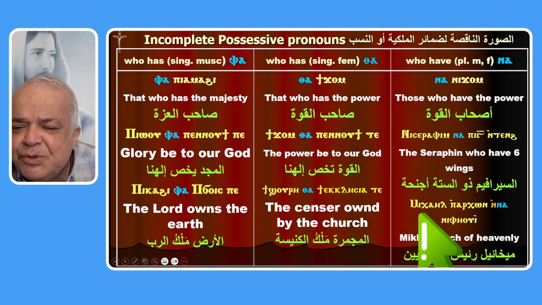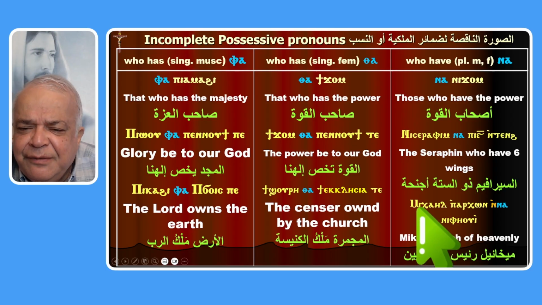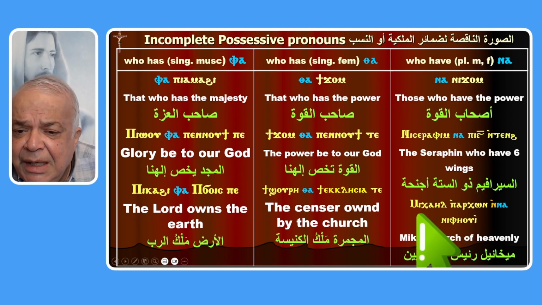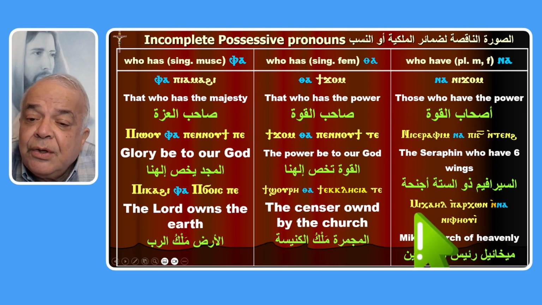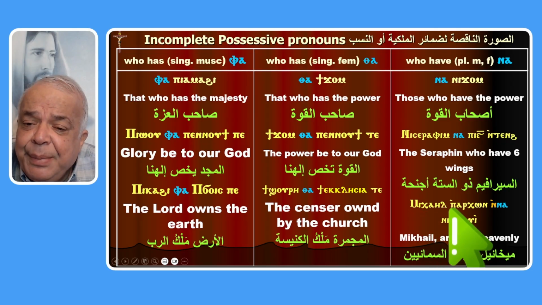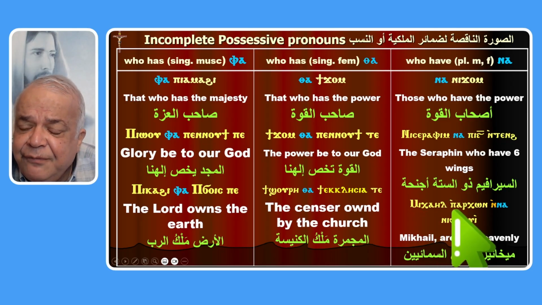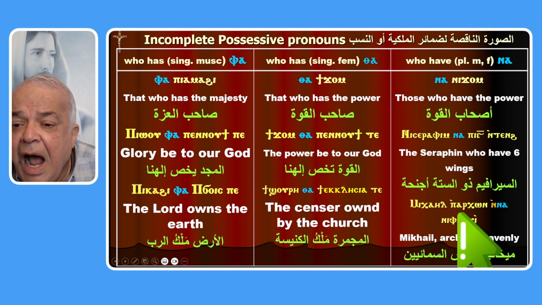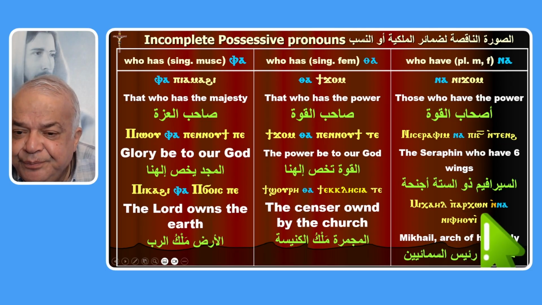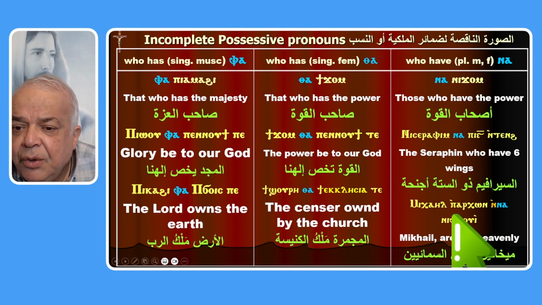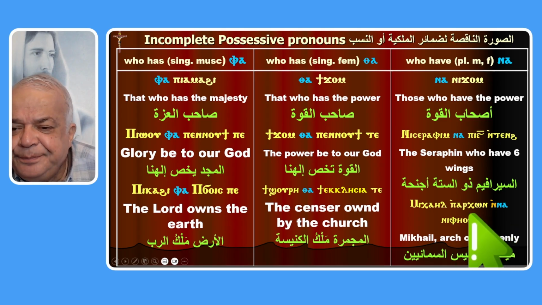So that's why Michael is pronounced in different ways. It can be Michel, it can be Michael, or Mishael. So Michael, ep there for masculine singular, Archon, Alpha Rho K long O nay. Archon means chief. Archon or Archon, either way.